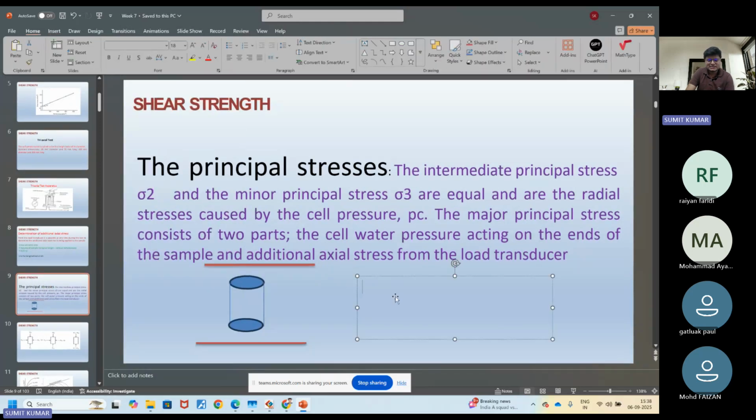you will see that we come to understand two terms. One is sigma 3, and this sigma 3 is the stress which is acting due to confining pressure or cell pressure.